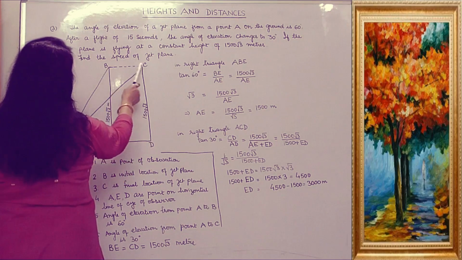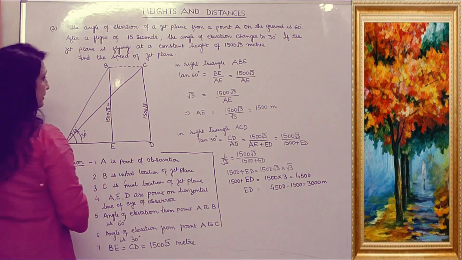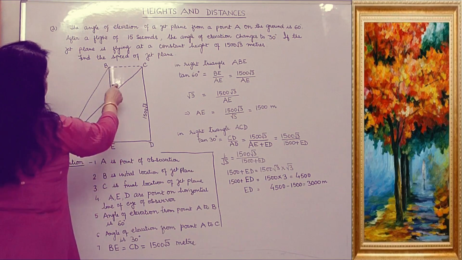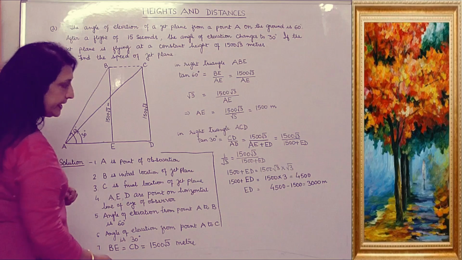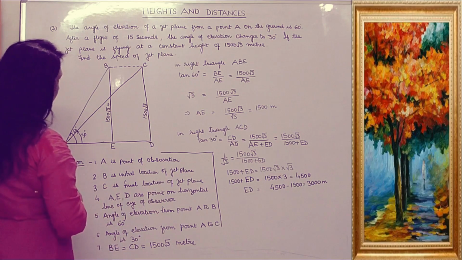ED is equal to BC. It means the displacement of the jet plane is BC, that is equal to ED, which is equal to 3000 meter.